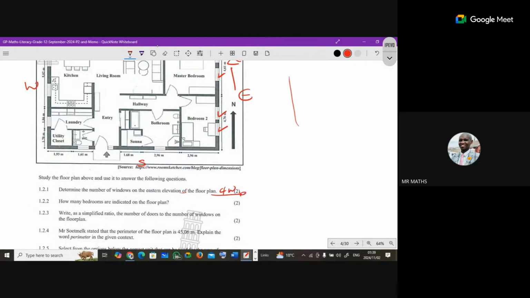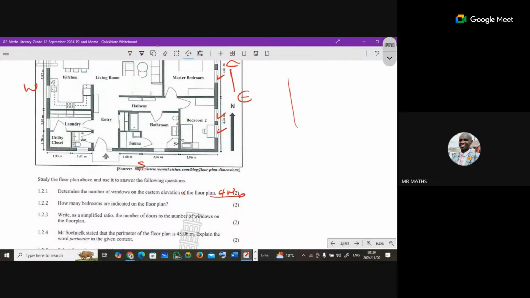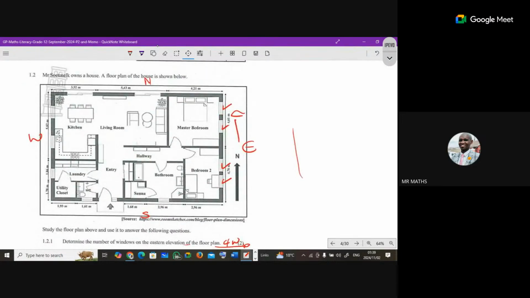Now 1.2.2 says, how many bedrooms are indicated on the floor plan? How many bedrooms? You go to the floor plan, you check, this is the master bedroom. So this is the first one, bedroom number 1. We look, oh, this is another bedroom, bedroom number 2. Again here, this is bedroom number 3. Do we have another bedroom?